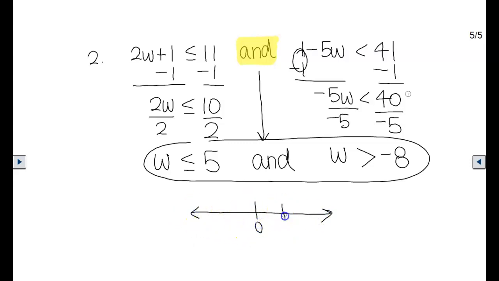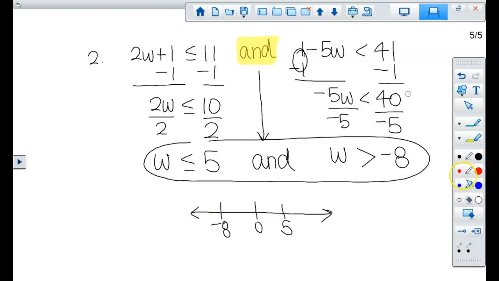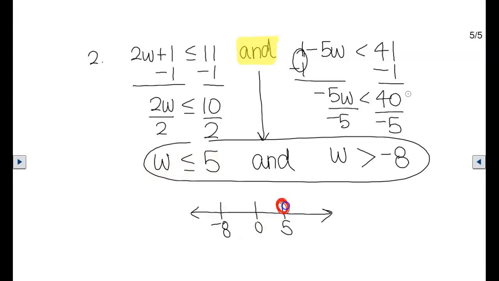So if I think in terms of a number line, w less than or equal to 5 means that I would have a filled-in circle, and my shading would go to the left. w greater than negative 8 means that I would have an open circle on negative 8 with my shading going to the right. So we can see how those are going to bump into each other.